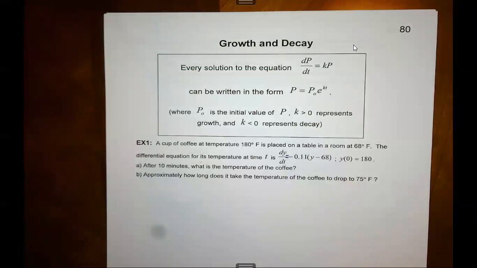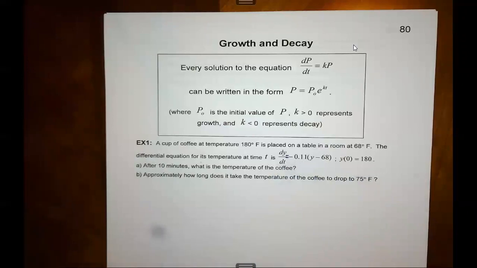And then it also tells us the initial condition that when t is 0, we get 180. So once we have taken the integral of both sides of this to get our equation, then we can plug this in to find our constant. So that's what we want to do.